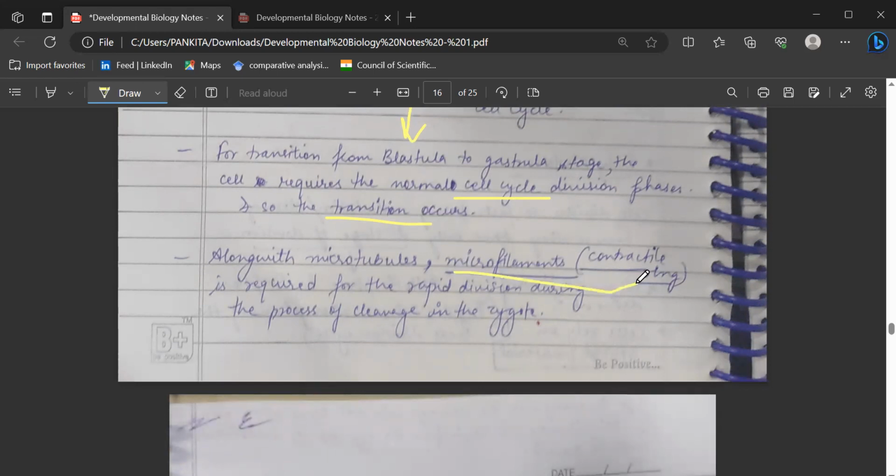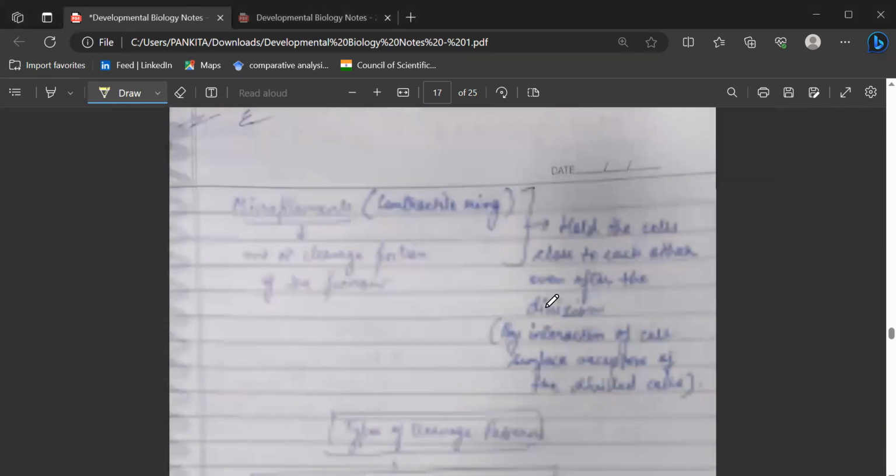Microfilaments, or the contractile ring, are required for the rapid division in the process of cleavage of the zygote.